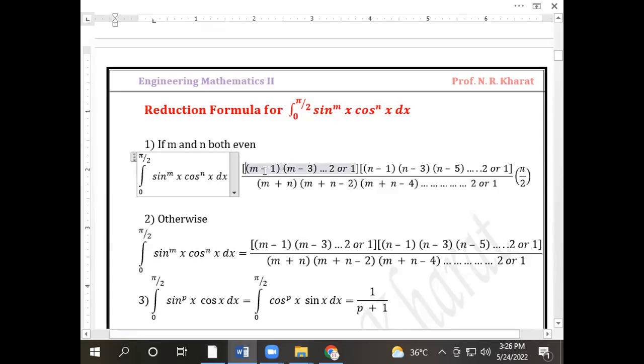So the formula becomes, m is the index of your sine, from which we subtract odd numbers, so it becomes m minus 1, m minus 3, and similarly we have to subtract all the odd numbers till we get 0 or 1, multiplied by the subtraction of odd numbers from your n up to we get 2 or 1.